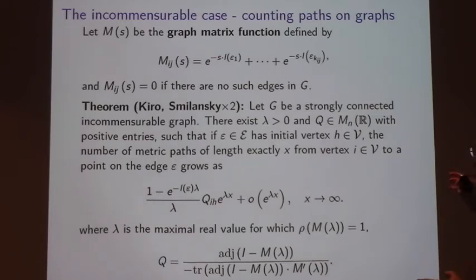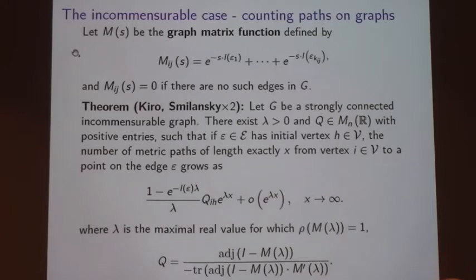So if you take a graph which is strongly connected and incommensurable, then there is some lambda, and there is some matrix which has positive entries, such that if you pick one edge on this graph and assume it has initial vertex h, then the number of metric paths of length exactly x from some vertex i to this edge grows as this function here.